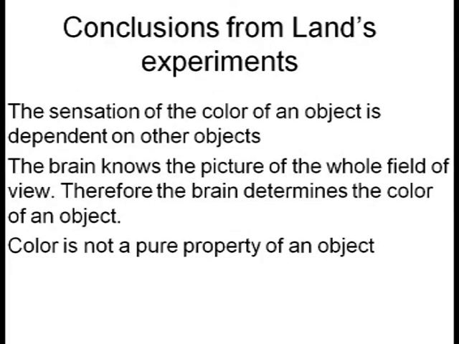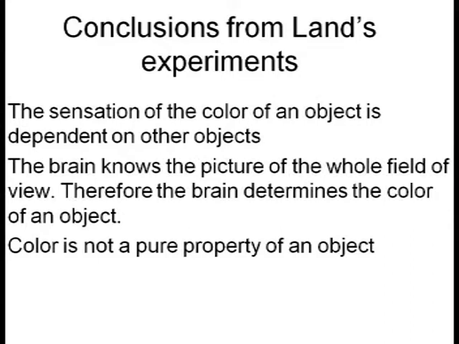The conclusion from the second experiment is that the sensation of color of an object depends on other objects in the field of view and not only on the light reflected from the object itself.